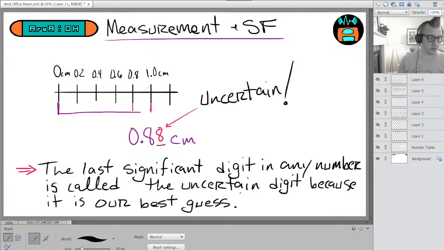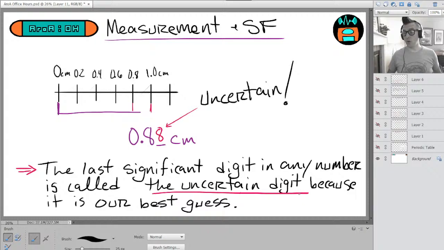It's called the uncertain digit because it's our best guess based on the device that we're using.